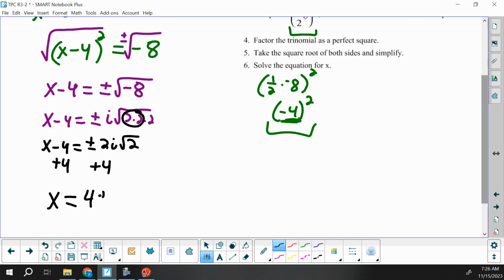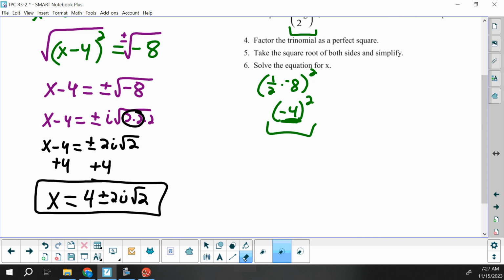So we'll have 4 plus or minus 2i square root of 2. If we were to graph that original equation, we would see that it actually doesn't cross the x-axis at all because these roots are imaginary, they're not real. So if you have trouble on homework question number 1 tonight, this would be the place to look.